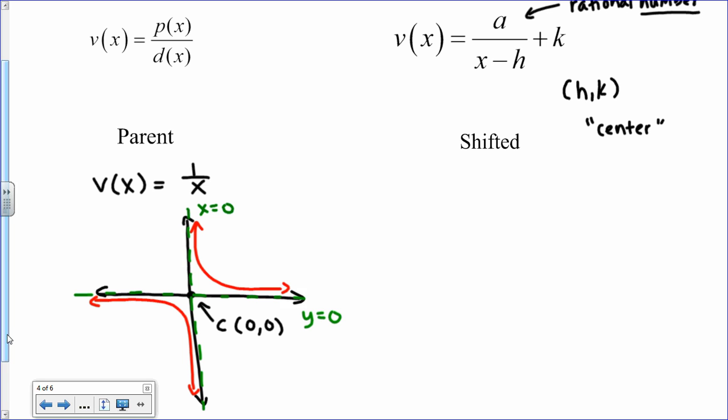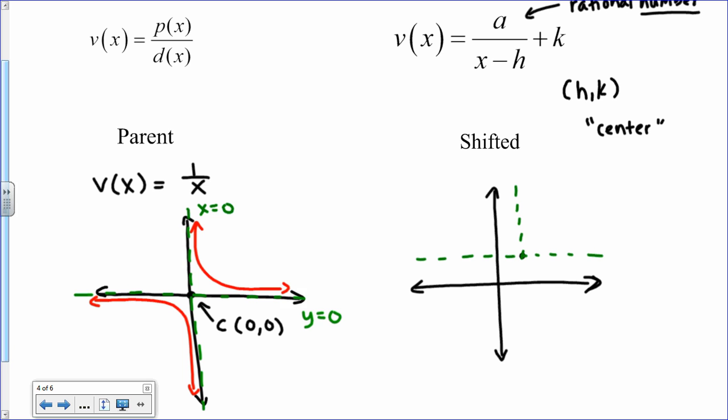Okay, so let's look at a shifted one. So I'm just going to do shifted in general here. I'm not doing a specific one. So let's say here is the new center. This is where your asymptotes will go through that center point.